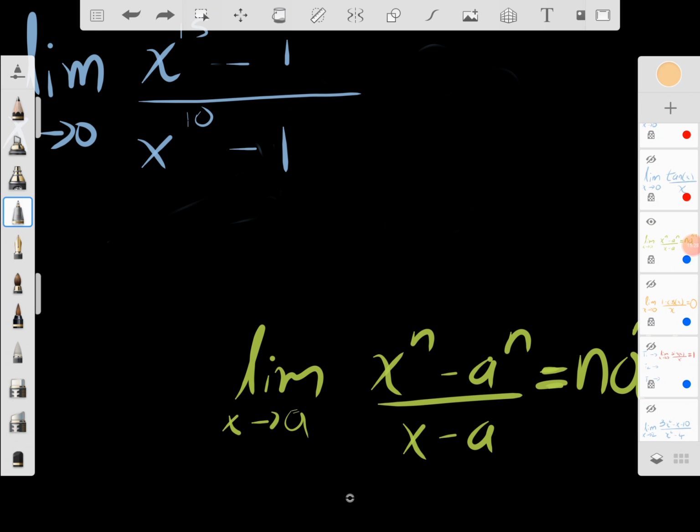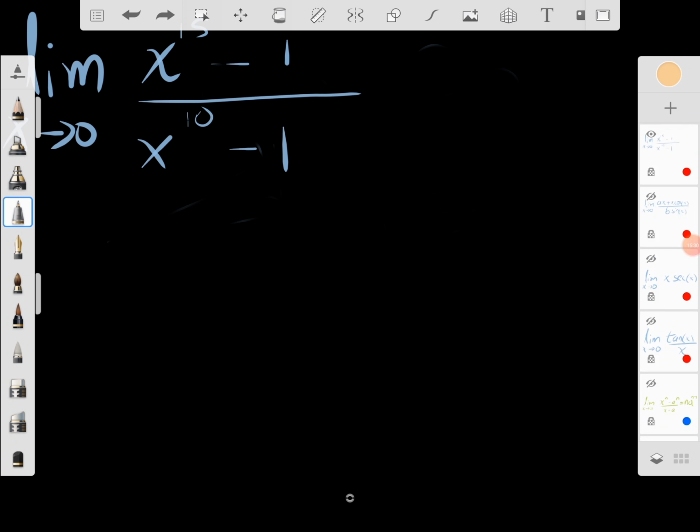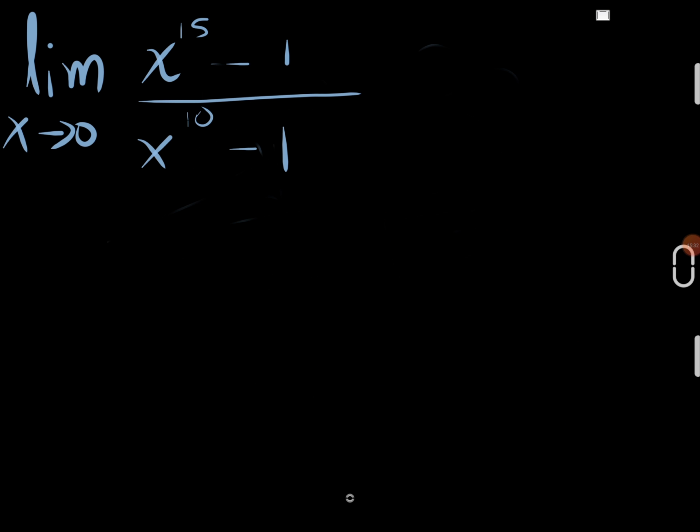So in that case, let me take this off, and now let's try to do this. What I'm going to do is divide the numerator and the denominator by x minus 1. Don't write in your book "dividing", this is only in this video that I'm doing.